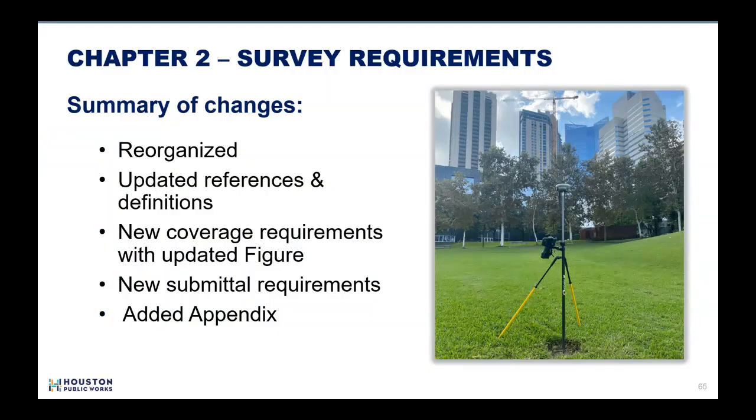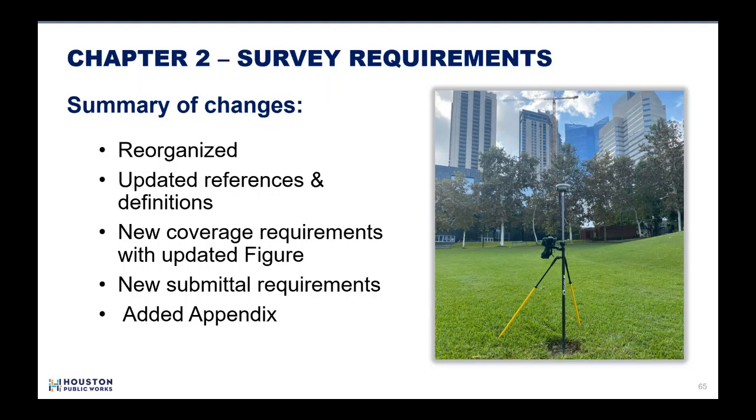Let's go over the changes to Chapter 2. Mostly the changes have been towards trying to clarify items or make the flow of the chapter match the flow of a project better. So just keep that in mind. That's the overall arching theme for most of the changes here. To that end, we have completely reorganized the chapter.